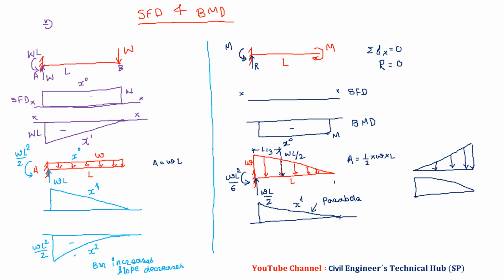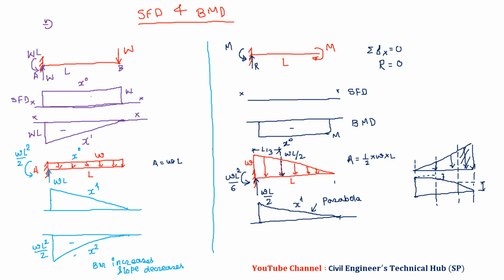Now see why. You can see in this portion the load is less, and here the decrease is less. Now if we consider the end portion, the load is larger, and the decrease is large. In the starting portion the decrease is less.